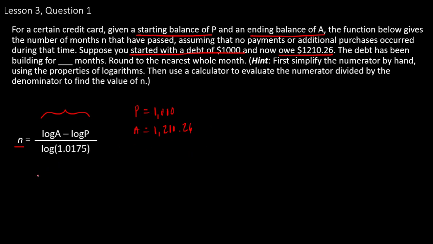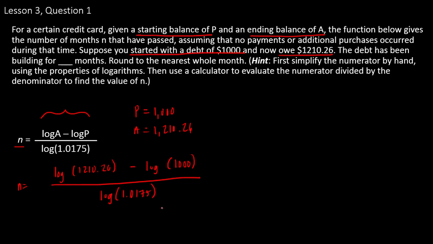Once I plug in what I know, I've got log of 1,210.26 minus log 1,000 divided by log of 1.0175.